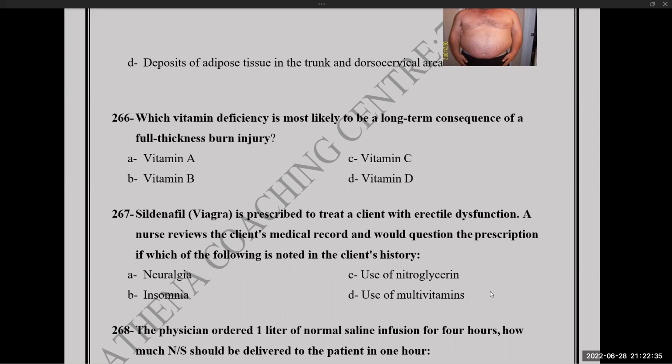Very good. And please write down the side effects of Viagra: dizziness, headache, flushing, nausea and vomiting.